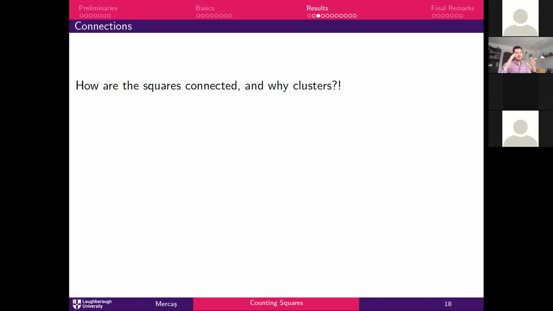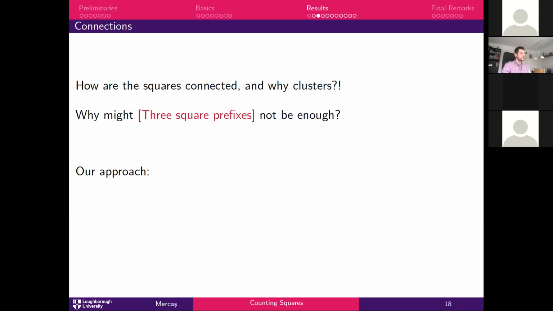By looking at the cluster, we thought that you can bring everything together and therefore put some other bounds. And basically, looking locally at any starting position, using the 3-square prefixes lemma, this might not be enough. So that's why our approach.